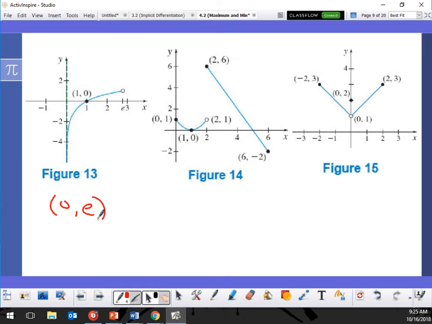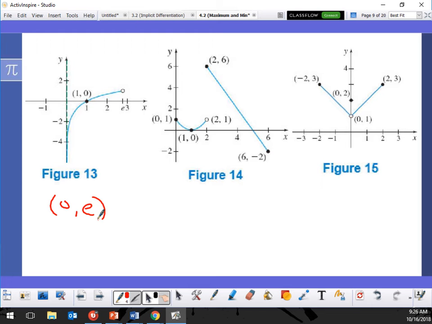Is there any absolutes? No. Is it continuous over that interval? No. Wait, yes, it is continuous over that interval. Okay. There's no absolutes. So what is going to be the local? Is there going to be a local here? No, because I can't include the endpoints, right? Okay, but it is continuous. That's how I can get from there.